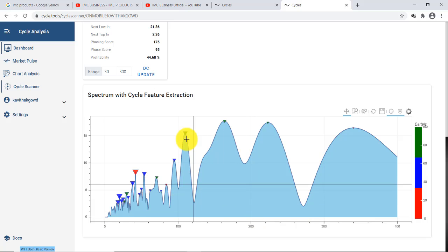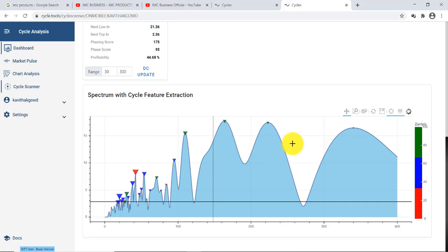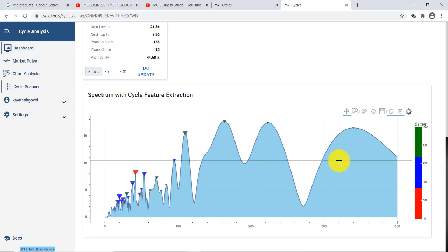As the data is changing, the cycle lengths and graph are also changing here.